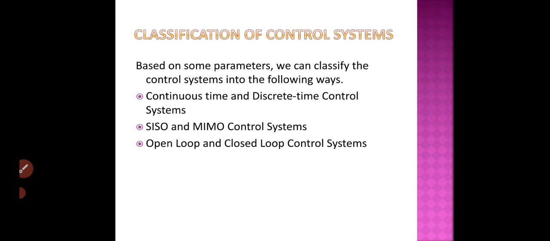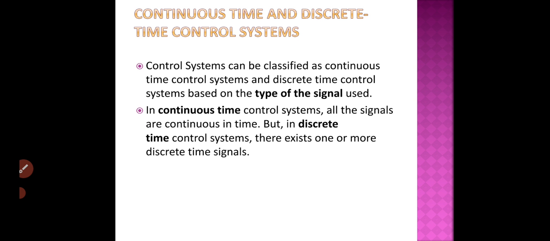Going to the first type, that is continuous time and discrete time control system. The control system can be classified as continuous time control system and discrete time control system based on the type of signal used.